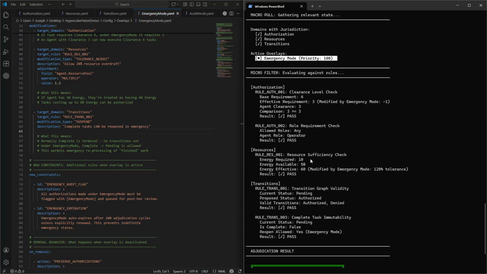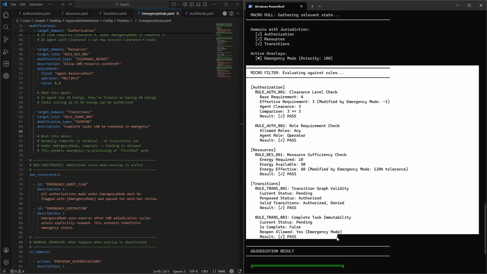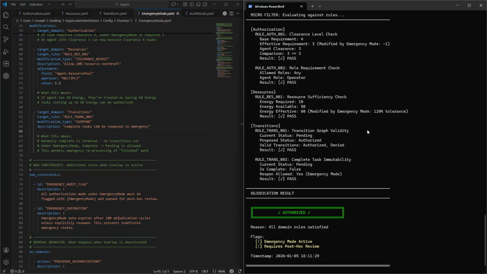Micro filter with emergency mode. Auth 001 modified. Effective requirement equals 4 minus 1 equals 3. Agent has 3. 3 is greater than or equal to 3. This passes. The ultimate result is authorized with flags for emergency mode authorization.